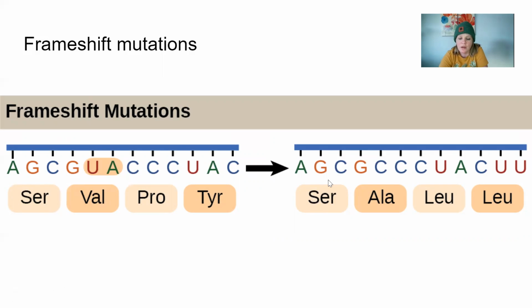But now that there's a shift in our codons, that can really change the protein, as you can see. Instead of valine, now we have alanine. Instead of proline, we have leucine, and etc. So those frameshift mutations can really be detrimental to the function of the protein.